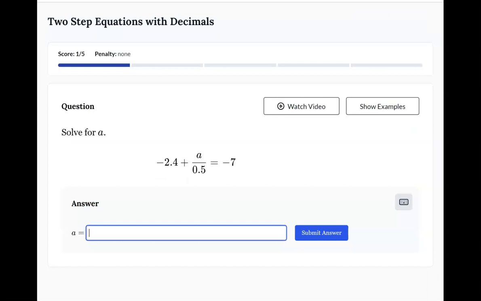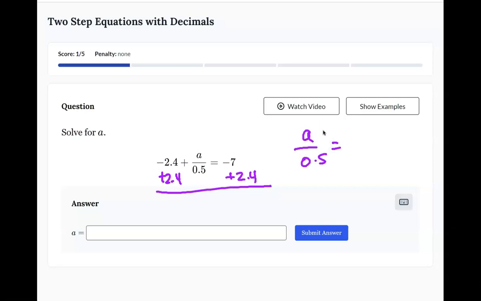Let's try it again. I'm going to add 2.4 to both sides. -7 plus 2.4 is -4.6.